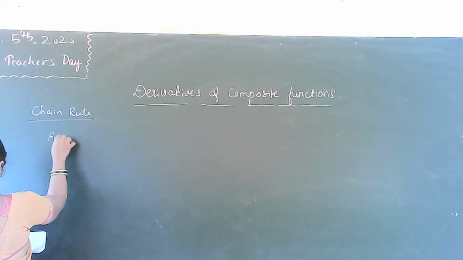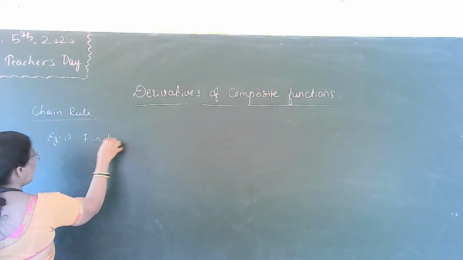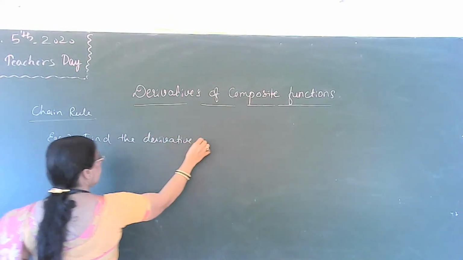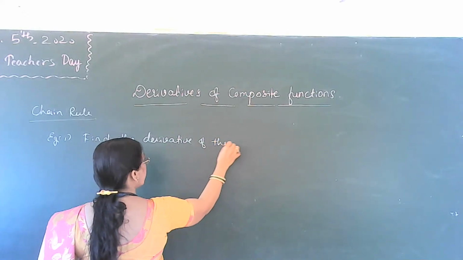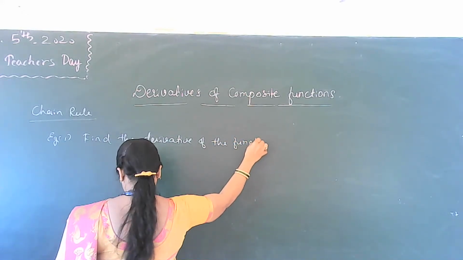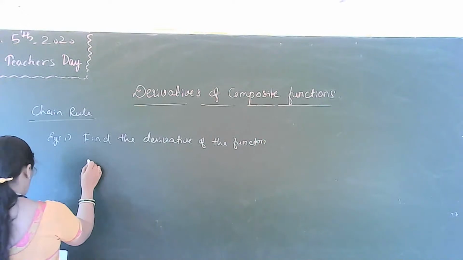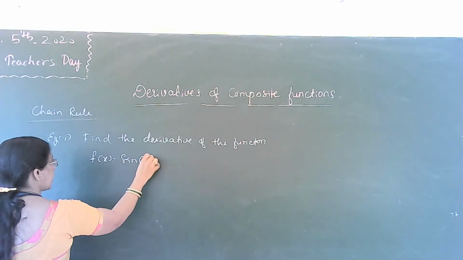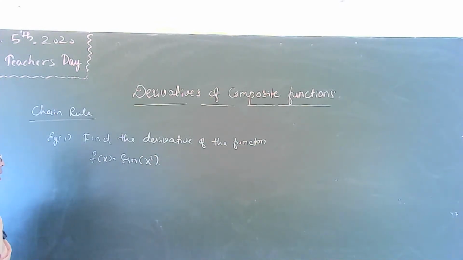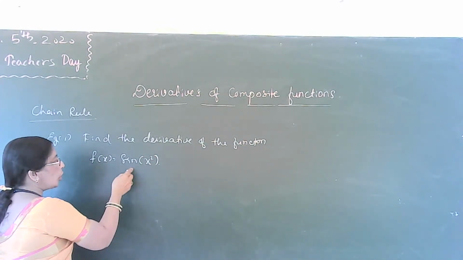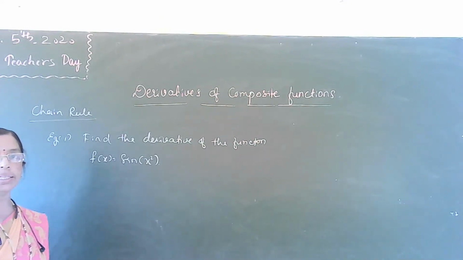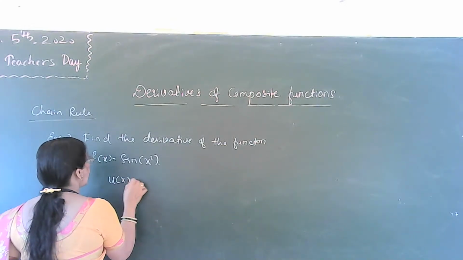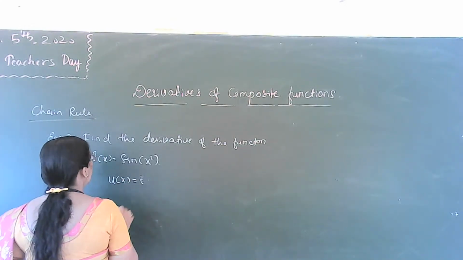Example 1. Find the derivative of the function f of x equal to sin x square. Sin x square is a composite of two functions, sin x and x square. u of x is equal to t.